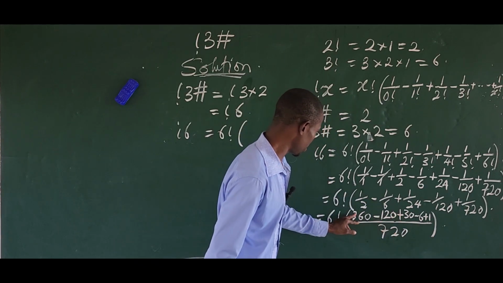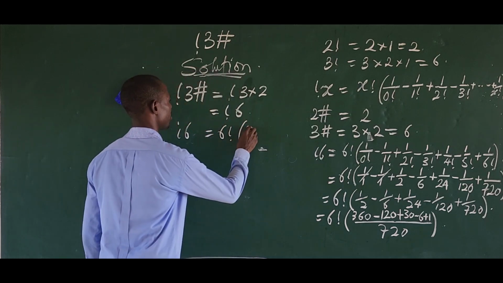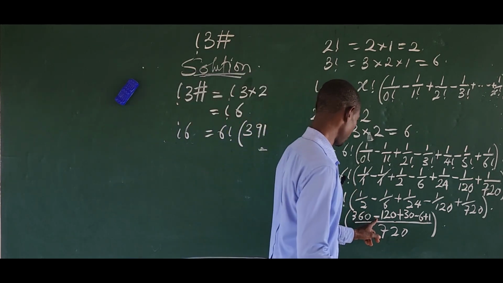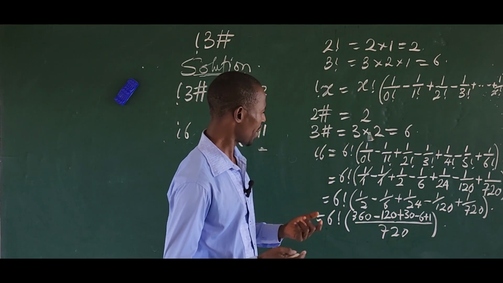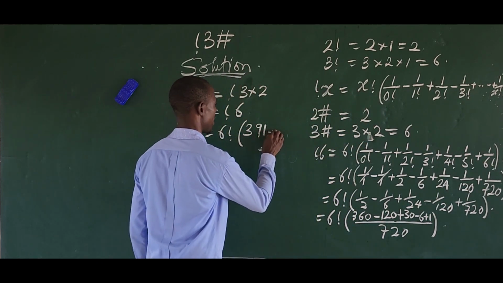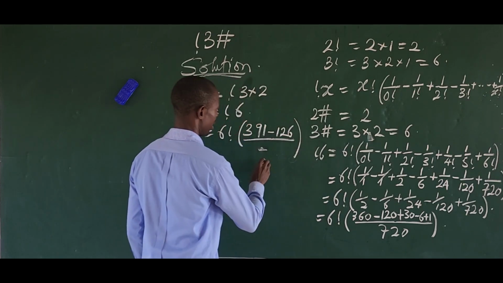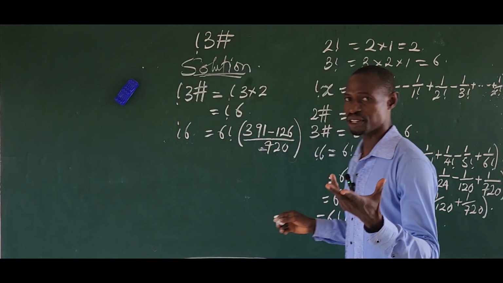If we add this to this, it will give us 390 plus 1, 391. So we have here 391, right? Then the subtraction side gives us minus 120, minus 6, which gives us minus 126. So we have here minus 126, right? Over there we have our 720. Good. I believe there's no confusion here, right?